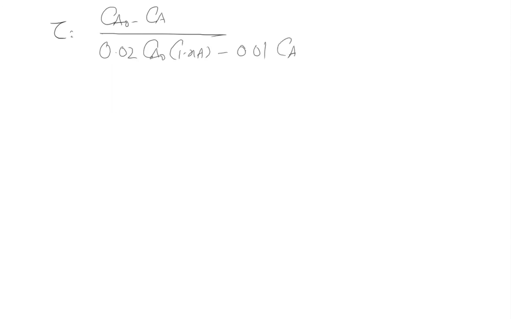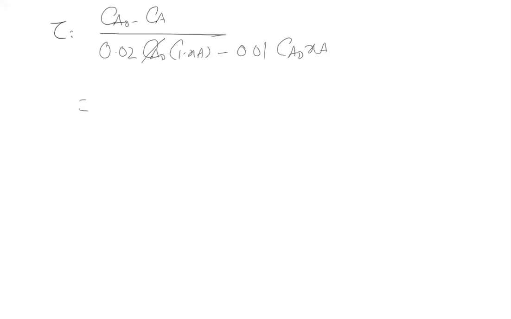So tau is equal to... 0.02 into what is CA? CA is CA naught into 1 minus X. 0.01 into what is CB? CB is CA naught into XA.